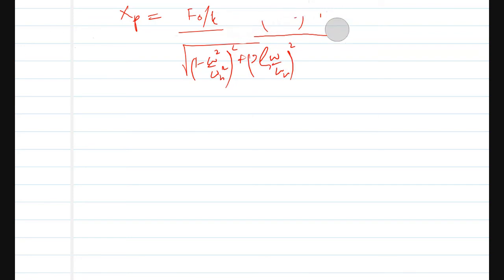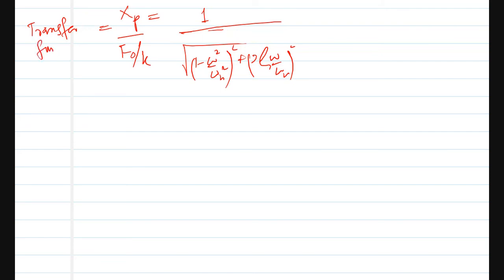So omega cos actually vanishes. Clear? If I take this in the denominator of the left hand side, this will become 1 over, and this is f naught over k. Now this left hand side is called transfer function.